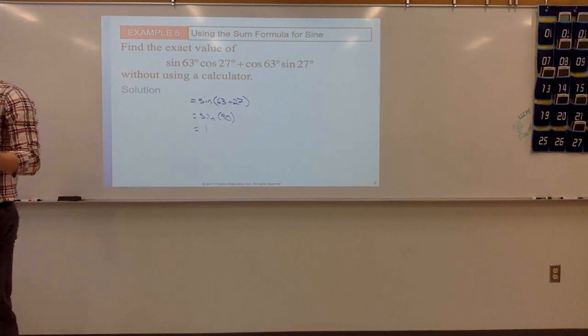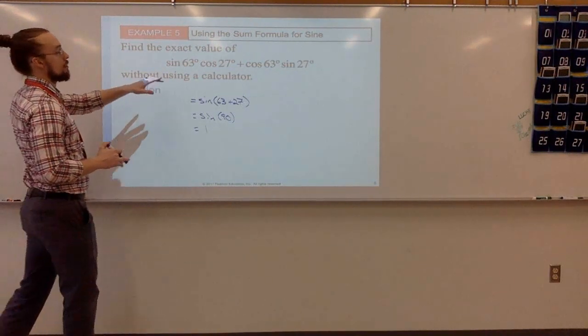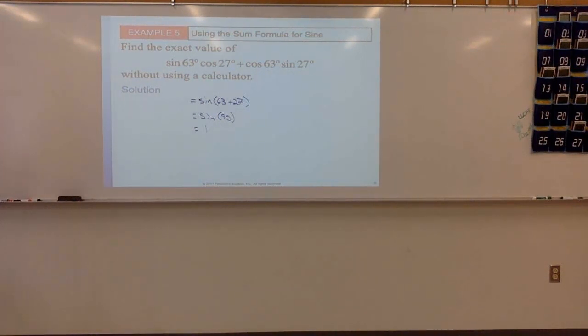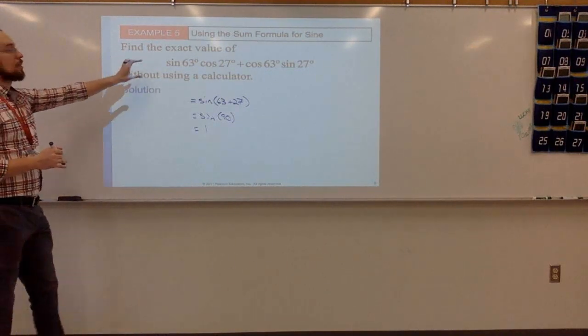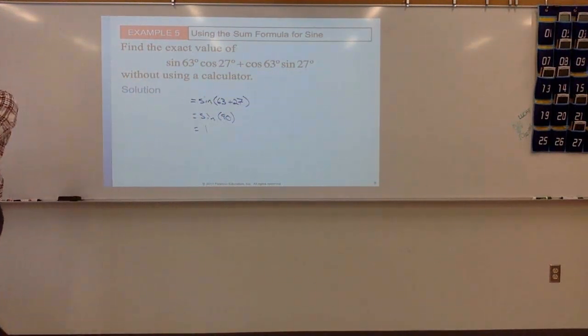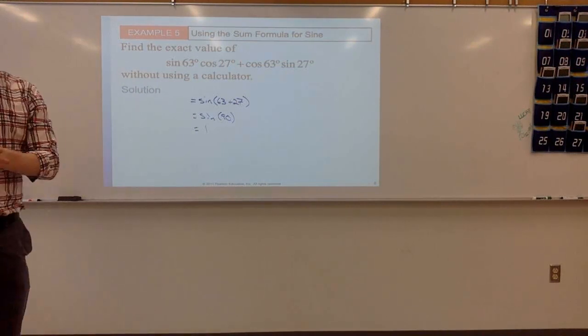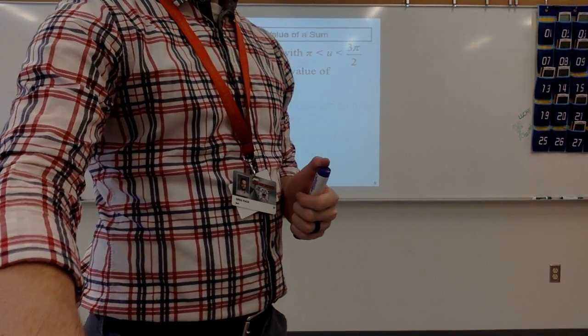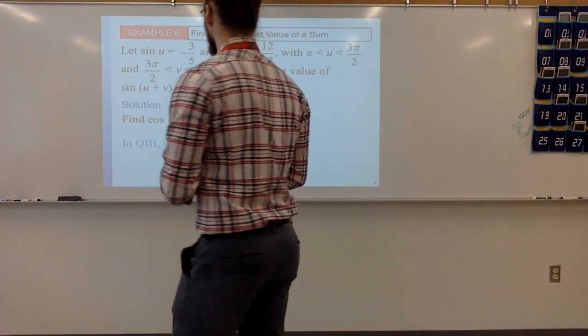We may be given one where we have the setup for the difference formula for cosine. We just need to recognize if we need to add or subtract the angles and which trig function to use. All right. Questions on something like this? All right, then let's take a look at something like this.